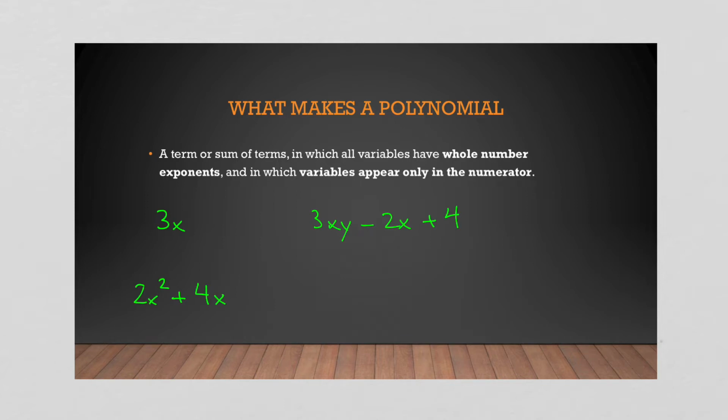The variables appear only in the numerator, which means we look at the exponents of the variables. Okay, the exponents of the numbers don't matter. The exponents of the variables are whole numbers, which means they are positive values that are not fractions, right?